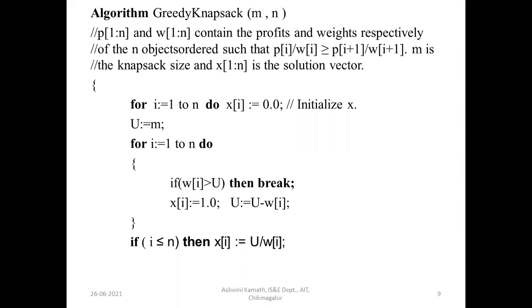For example, if the remaining capacity is 2 and the weight of the item is 15, then 2 out of 15 can be added.